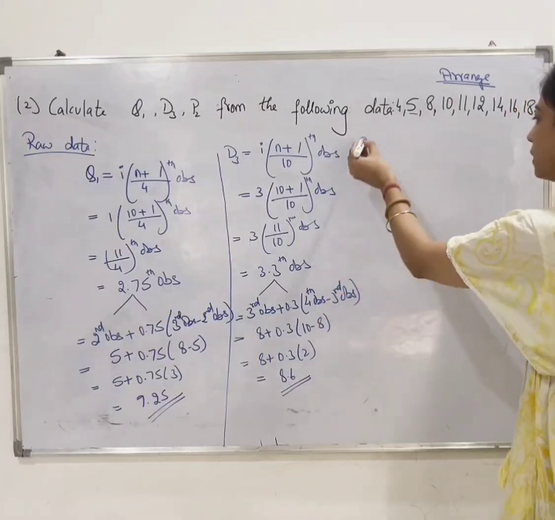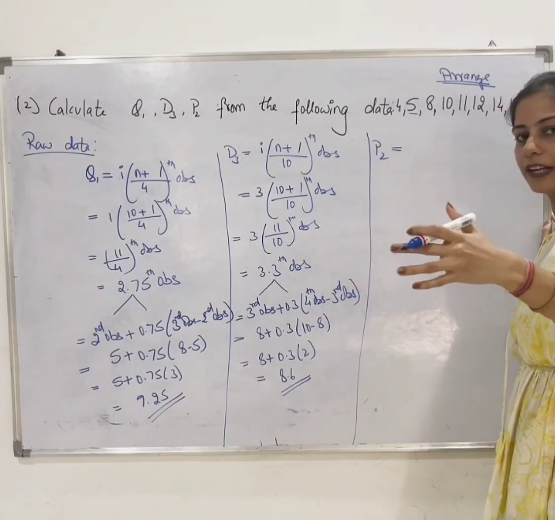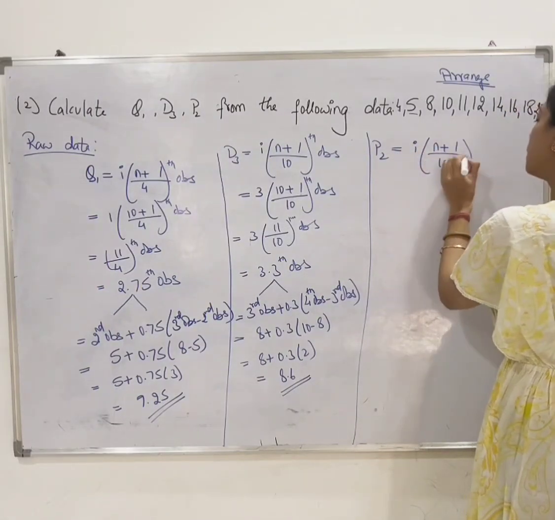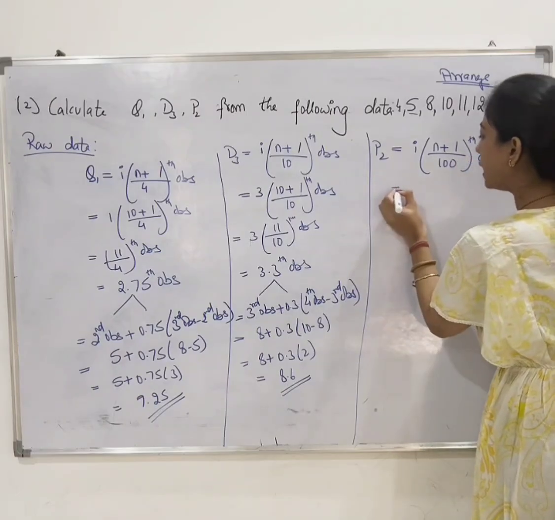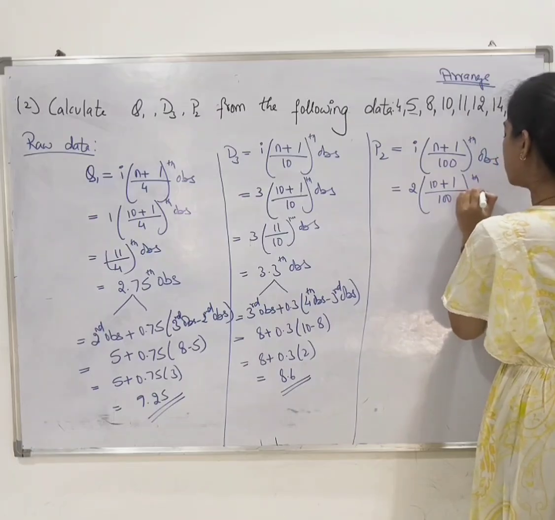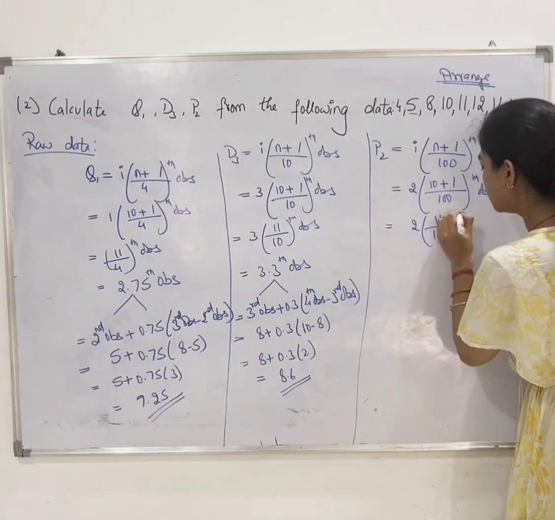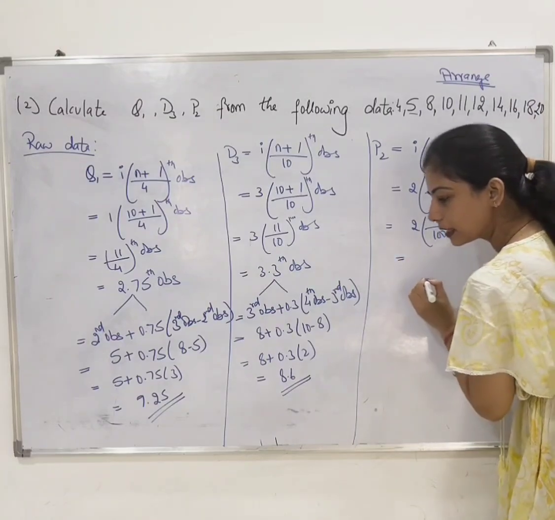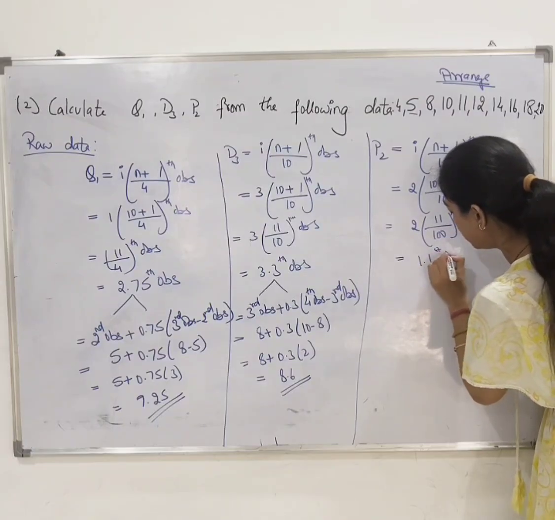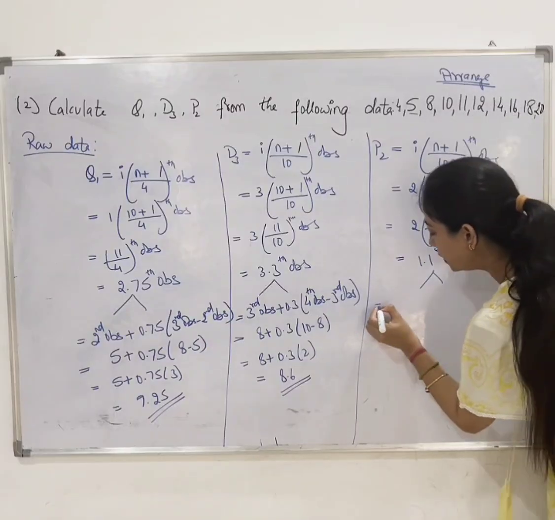Let's find the last one, which is the second percentile, P2. Since a percentile is divided into 100 equal parts, it is i into (n plus 1) by 100 observation. The i value is 2 and n is 10, so 2 into 11 by 100 observation, and this value comes to be 0.22, that is, 1.1 in the working. Again, we are going to break this down since we got a decimal point.